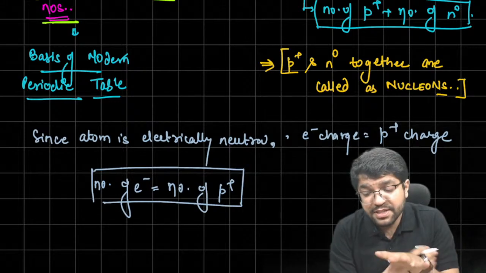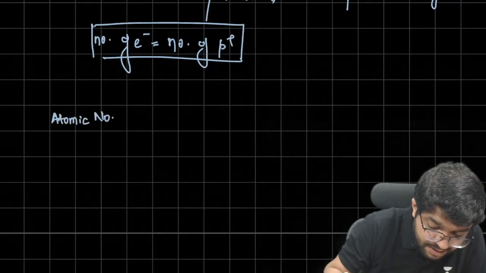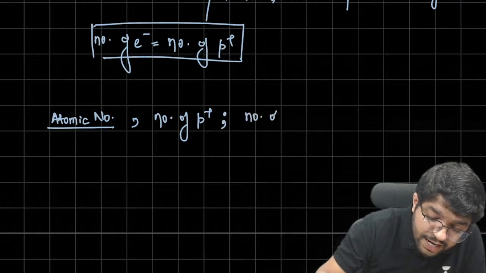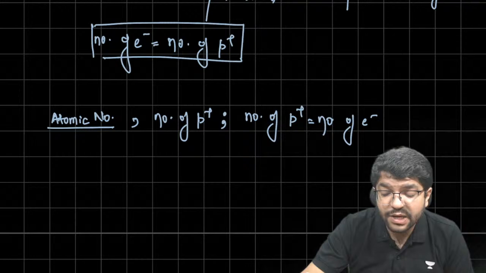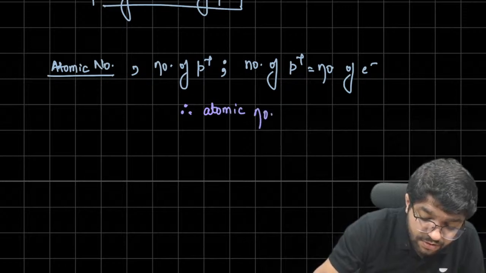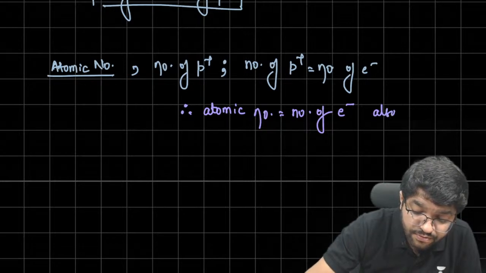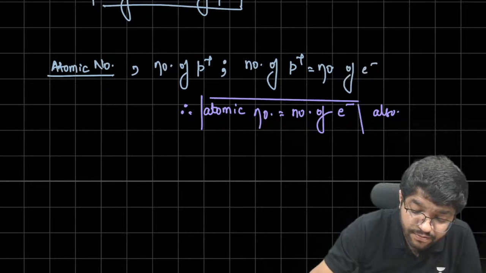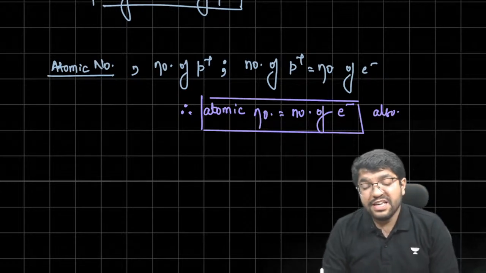So now two things to take up with this very small concept. Atomic number is equal to the number of protons. But since the number of protons is equal to the number of electrons, therefore atomic number equals the number of electrons also.